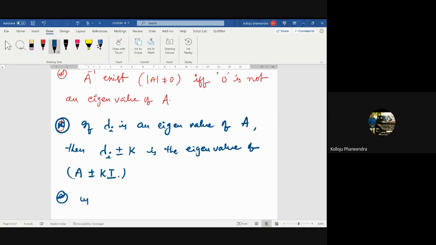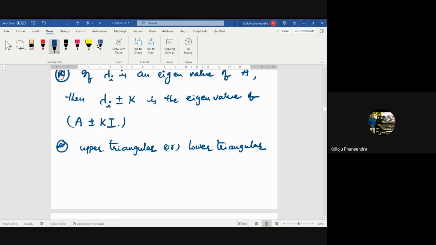You write like this: for upper triangular or lower triangular matrices, eigenvalues are the principal diagonal elements.